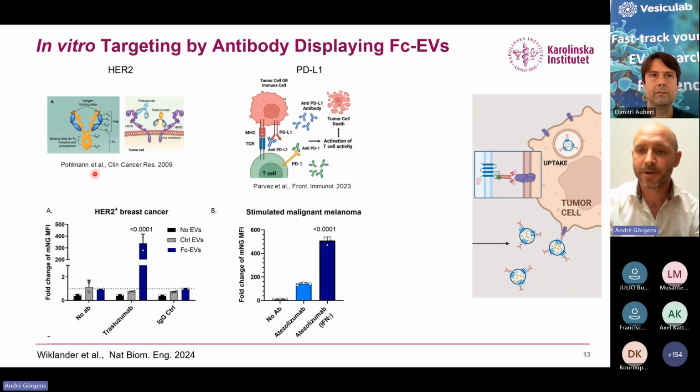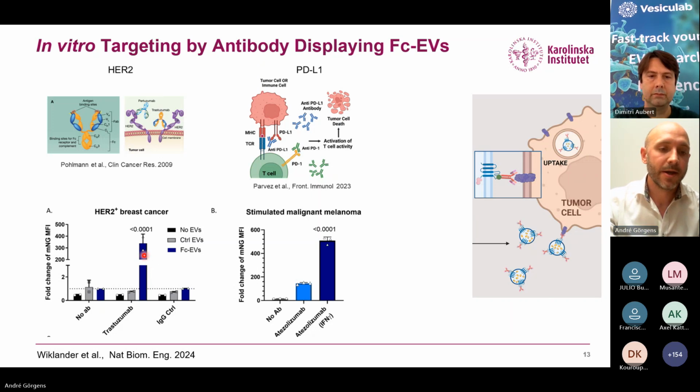It's a HER2-targeting antibody that's been around for 20 or so years, highly efficient, and binds HER2 very well. We put this on top of the Fc-EVs, then put the Fc-EVs with the trastuzumab antibody on HER2-positive breast cancer cells, and saw that they had an increased uptake of the EVs, about 300 to 400-fold increase.